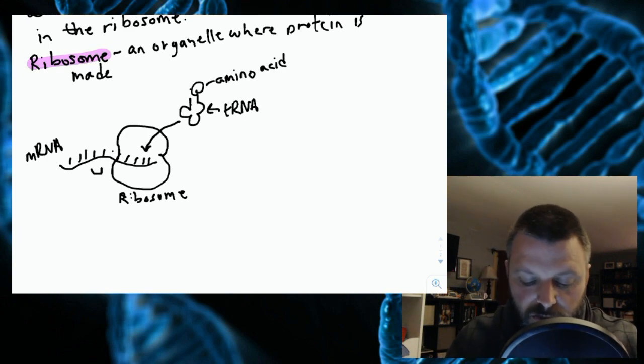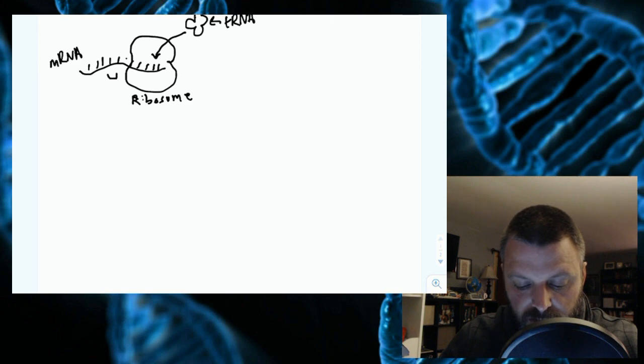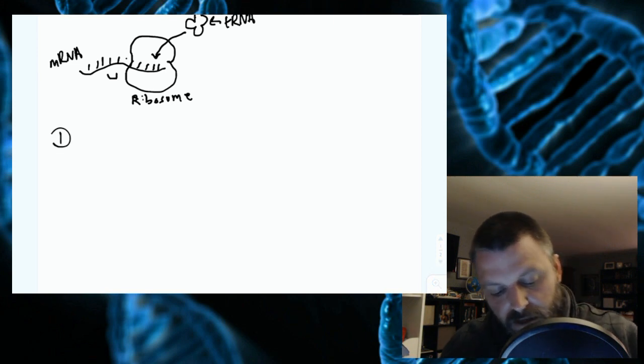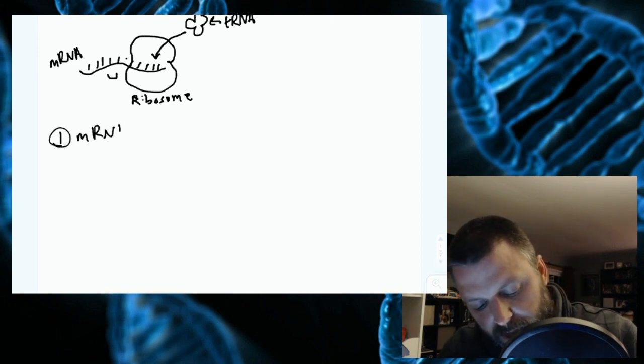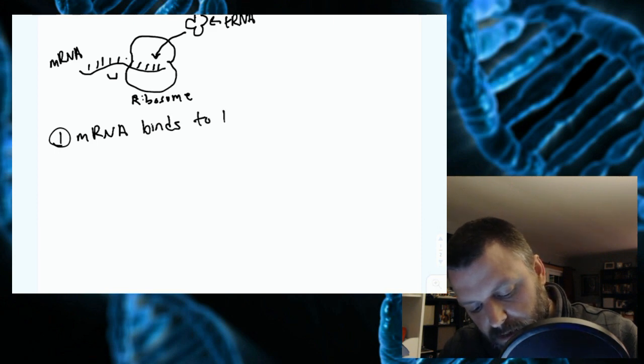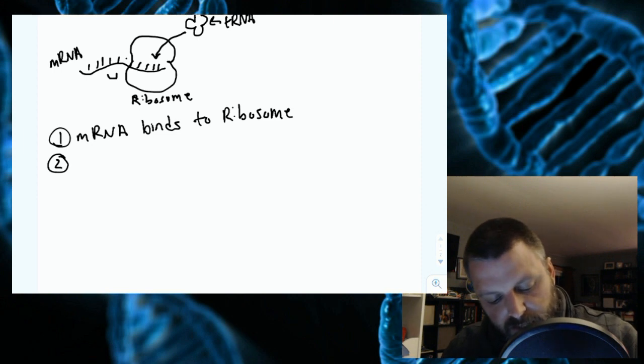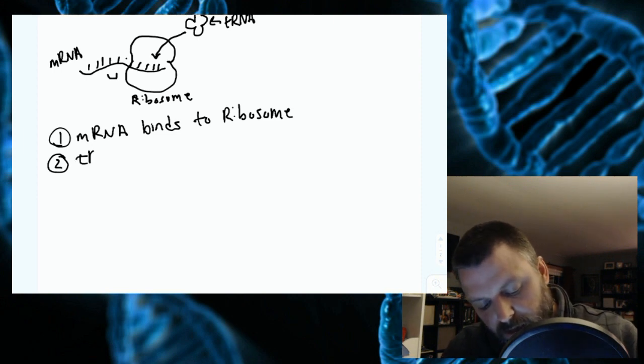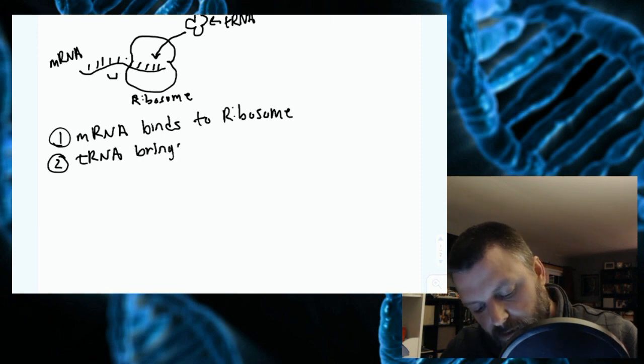All right, you don't need to know the process in too much detail, but I will go through some of the things. So the first step is the mRNA binds to the ribosome. Okay. The second step is that the tRNA brings in an amino acid.